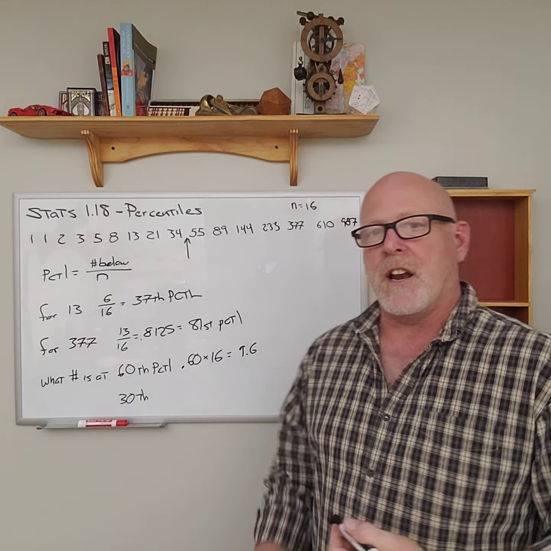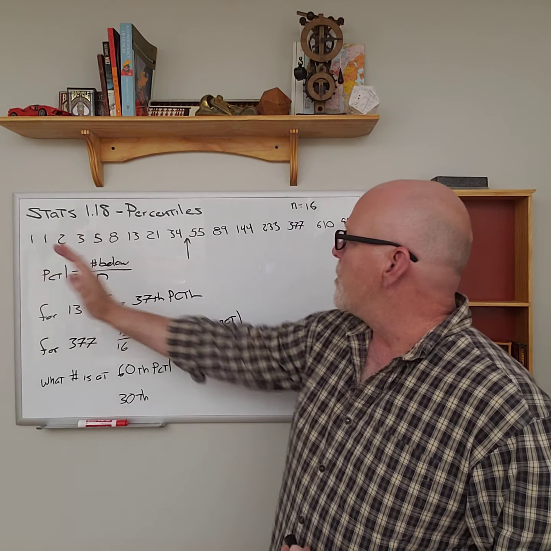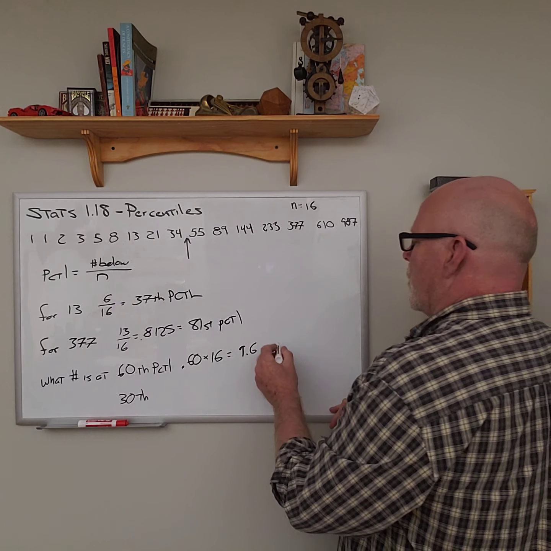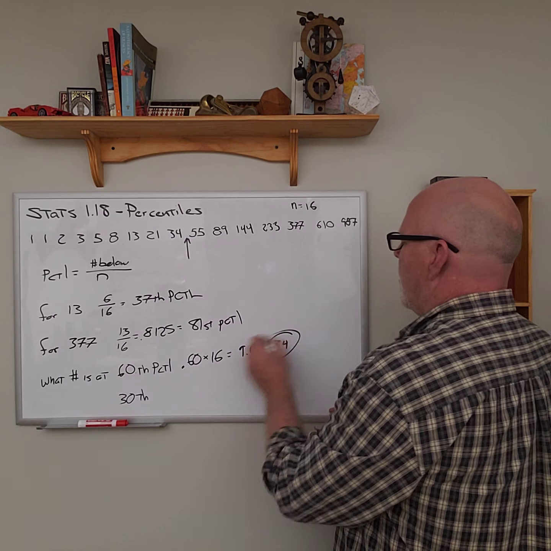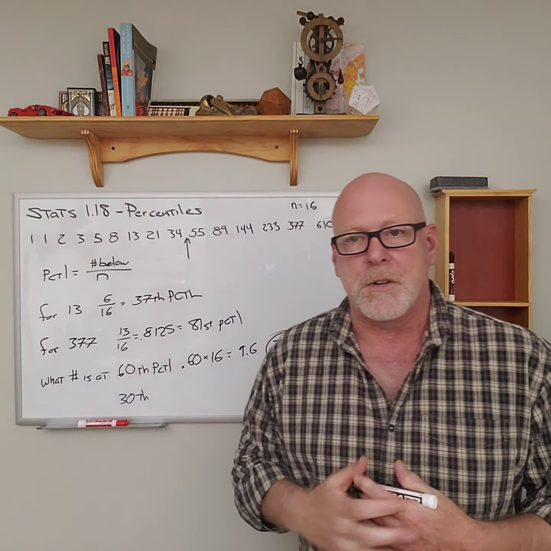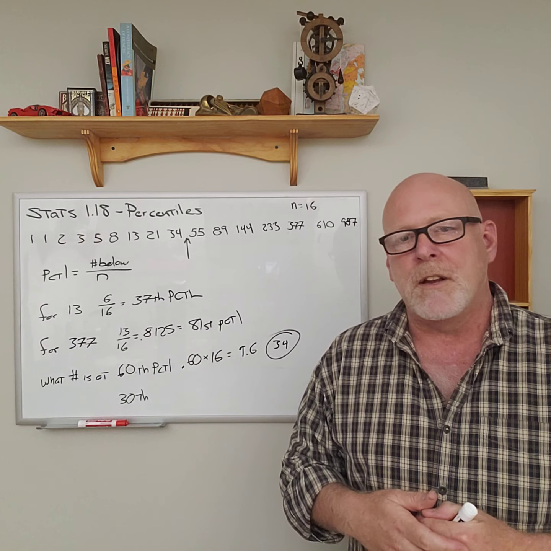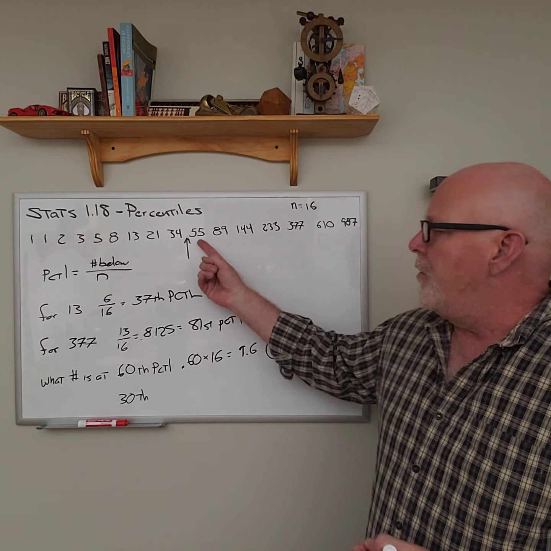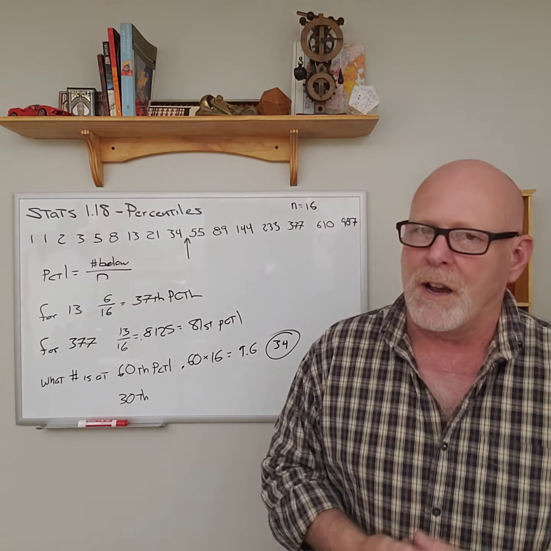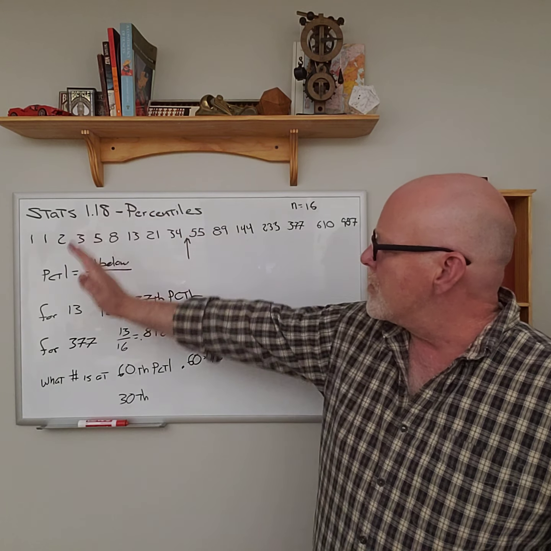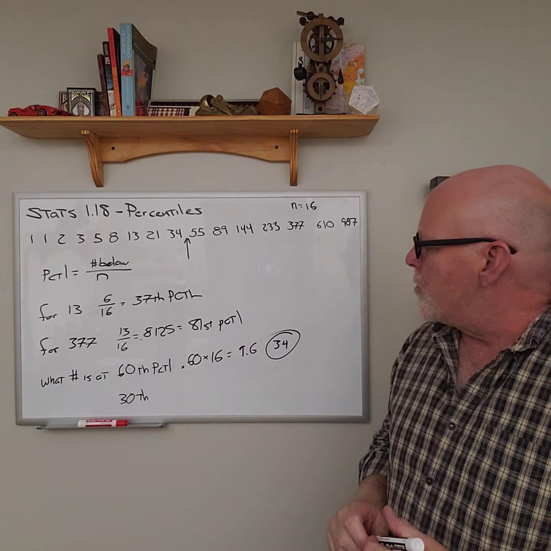So that's going to be our cutoff point for the bottom 60% and the top 40%. So I'm going to say that 34 is at the 60th percentile. It's greater than 60%, less than 40%. If you were to give me 55 instead of 34, I'm not going to complain about that. You still have an idea that that is the cutoff between the bottom 60% and the top 40%.